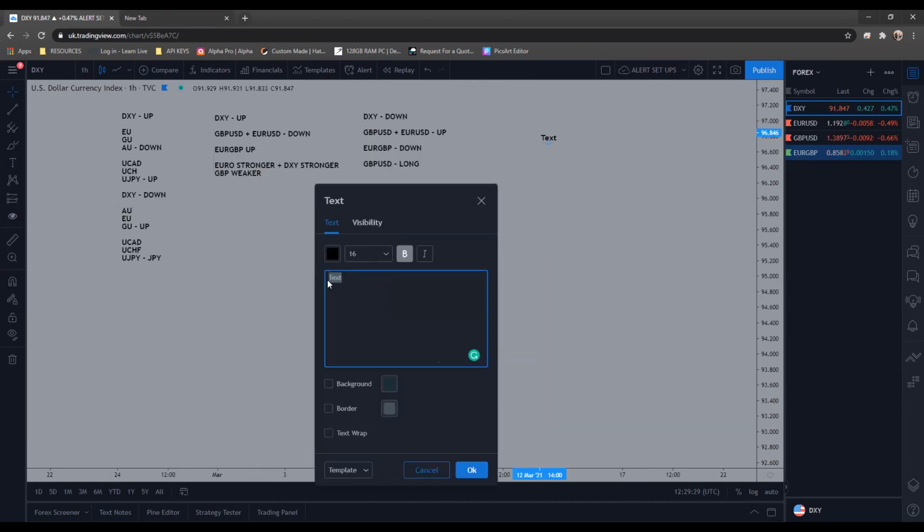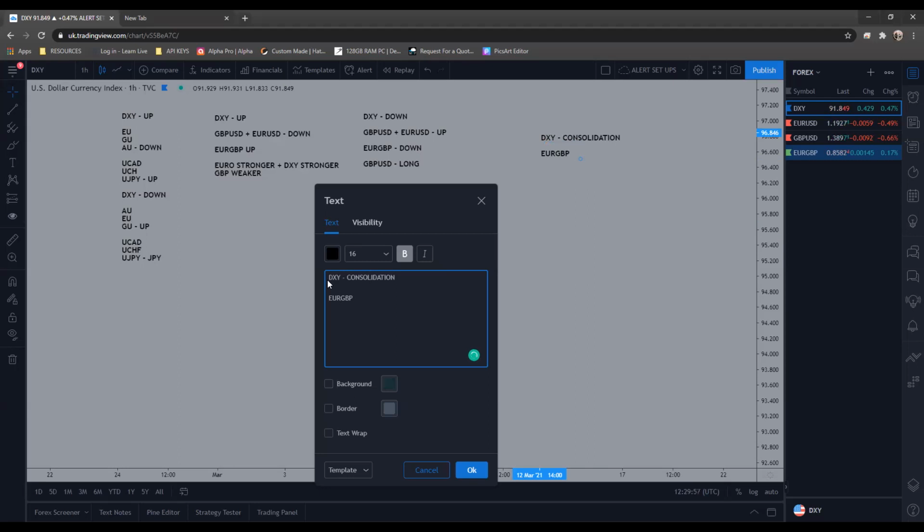If Dixie is consolidating, then you've got Euro USD. Sorry, Euro GBP. I've got this written down. Let me just have a look, because there are so many things to explain.